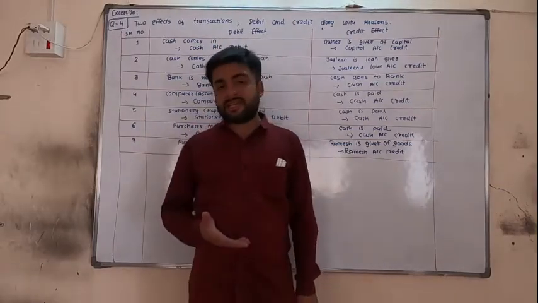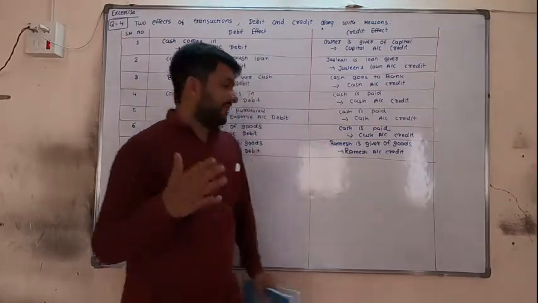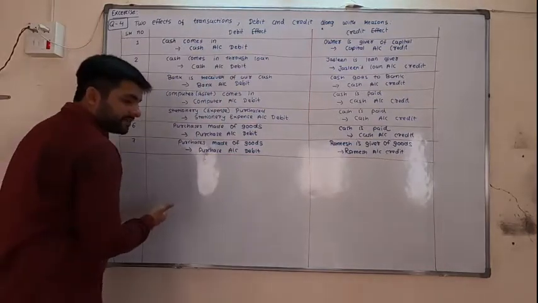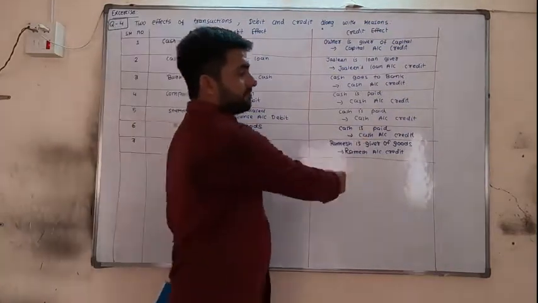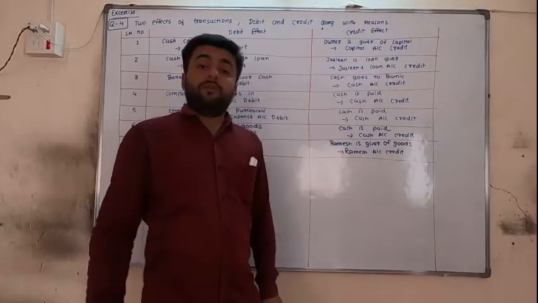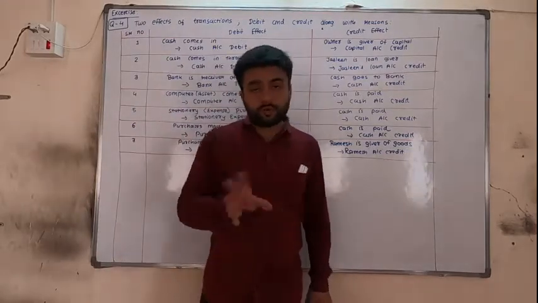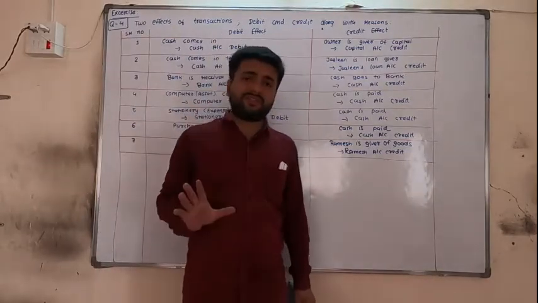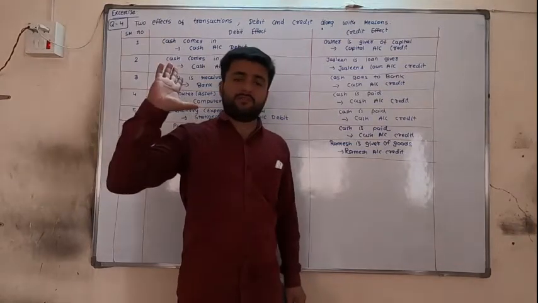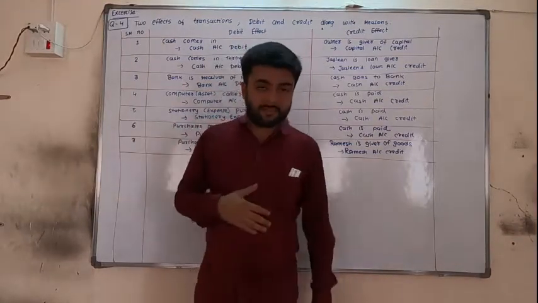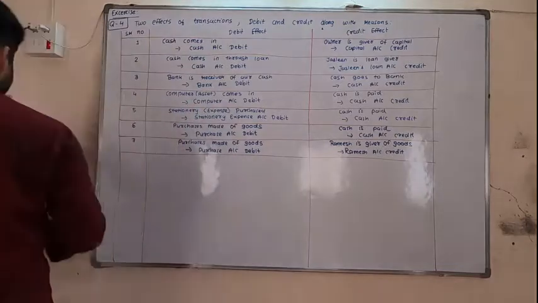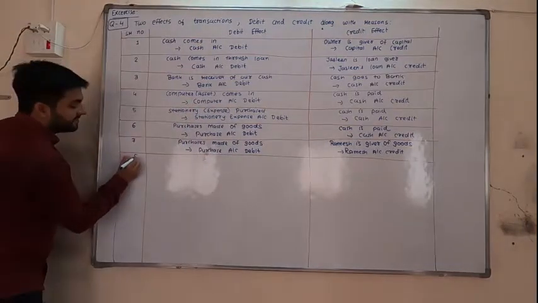We are just selling the goods. Goods are going out. In purchases, goods are coming in, so purchase debit. In sales, goods are going out, so sales credit. Now for that sale, no name is given. The cash word is given. So whenever goods are sold, goods are going out, cash is coming in for that. So cash debit, sales credit.